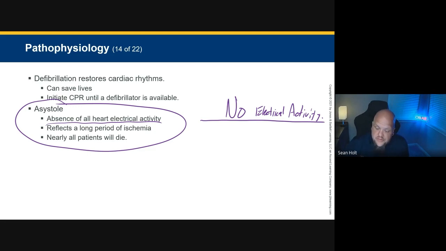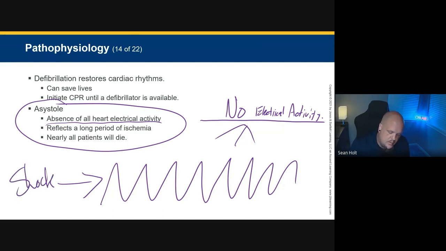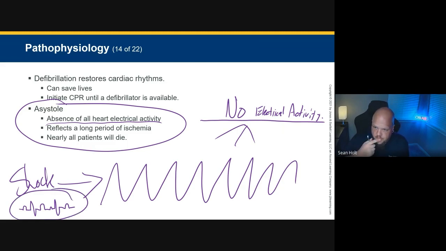And we know that some electrical activity is better than no electrical activity because we might be able to shock this and get our normal heart rhythm back, okay? If we have something to shock.